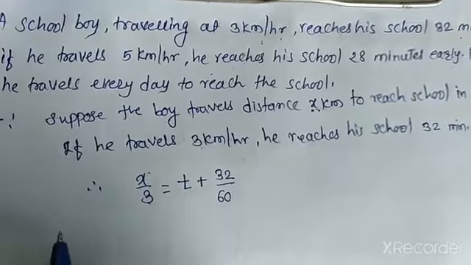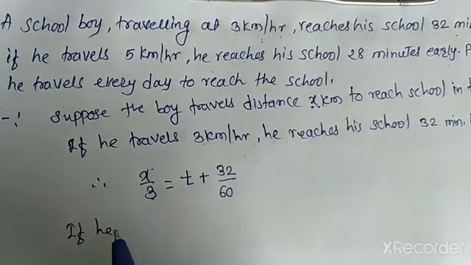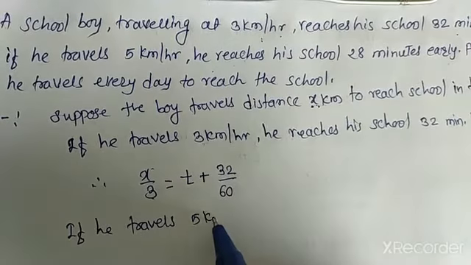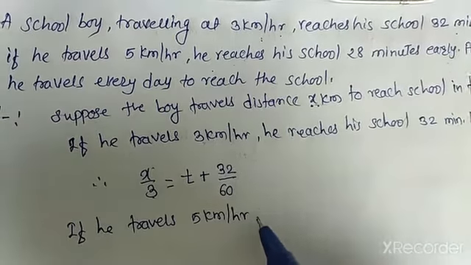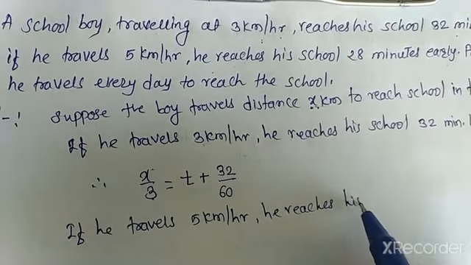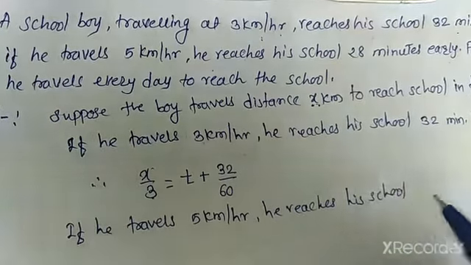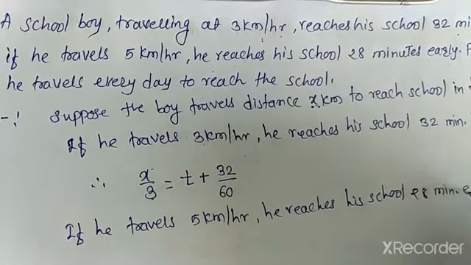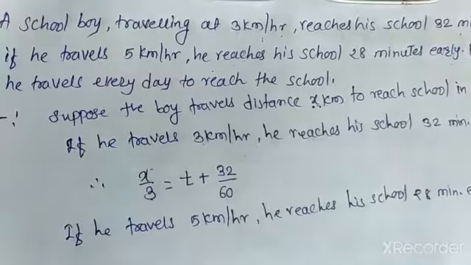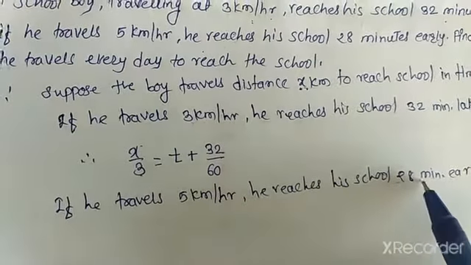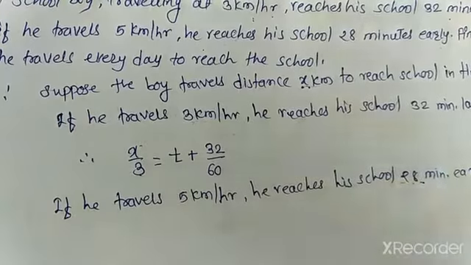Now if he travels 5 kilometers per hour, he reaches his school 28 minutes early. Now if he travels with 5 kilometers per hour, he will reach school 28 minutes early.